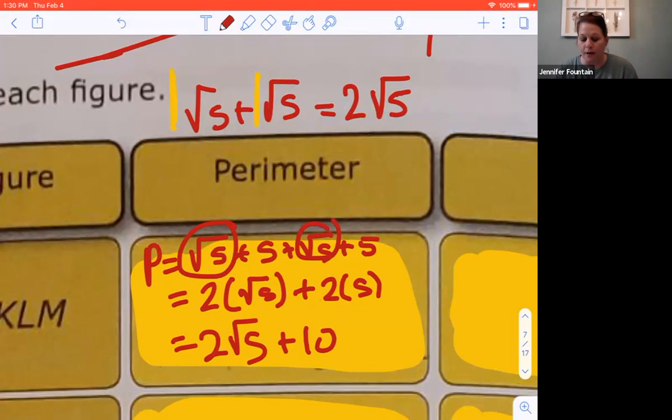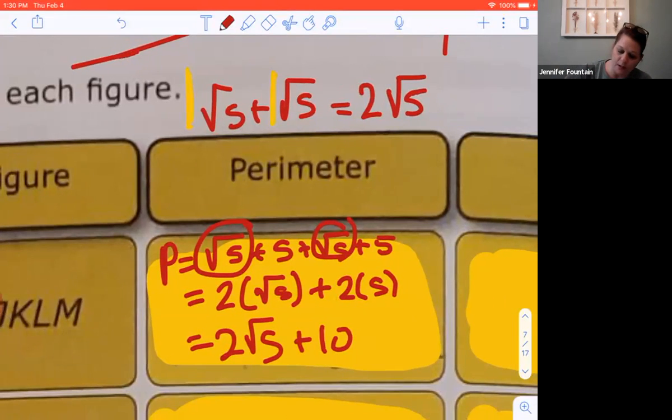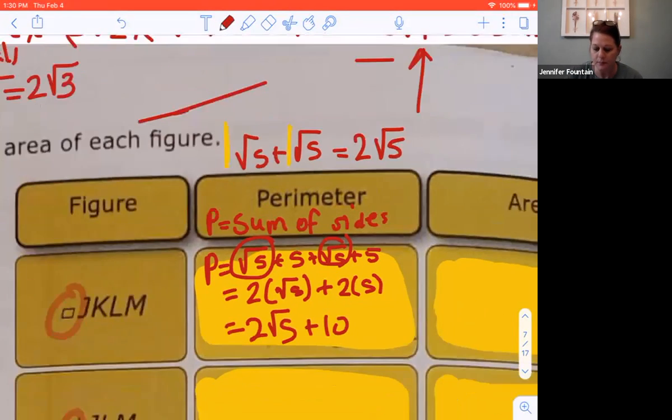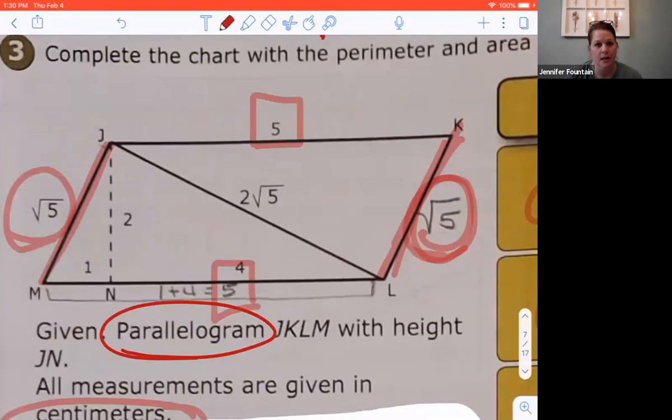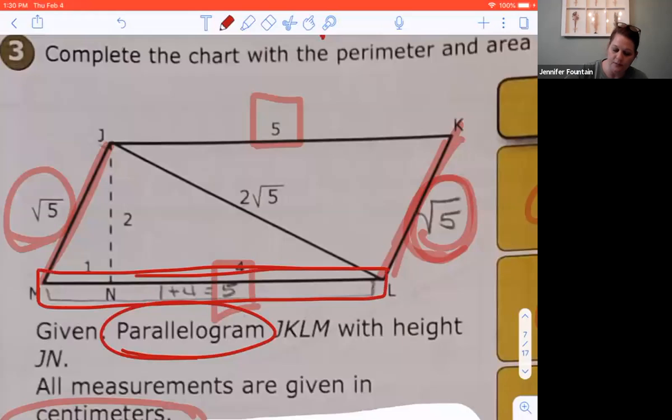Okay. So remember my formula for area. So I'll go ahead and put perimeter equals, we'll write, sum of sides. Now on this one, our area equals base times height. So again, when I look at a parallelogram, my base is going to be this side right here.